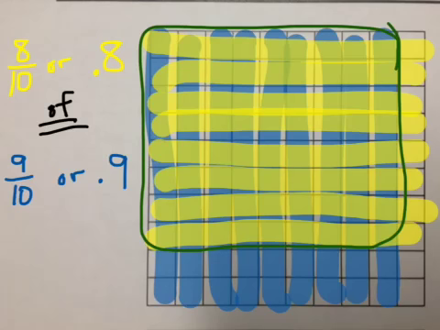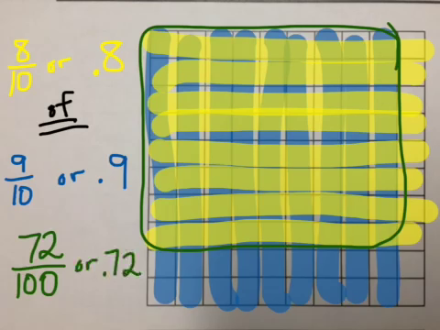Hey, that's like over here, 9 and 8. And I know that 9 times 8 is 72, but 72 what? 72 small boxes. 72 hundredths, or 0.72.